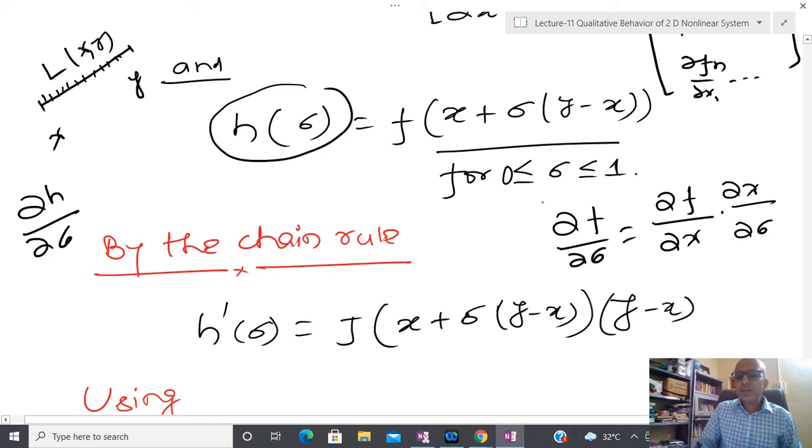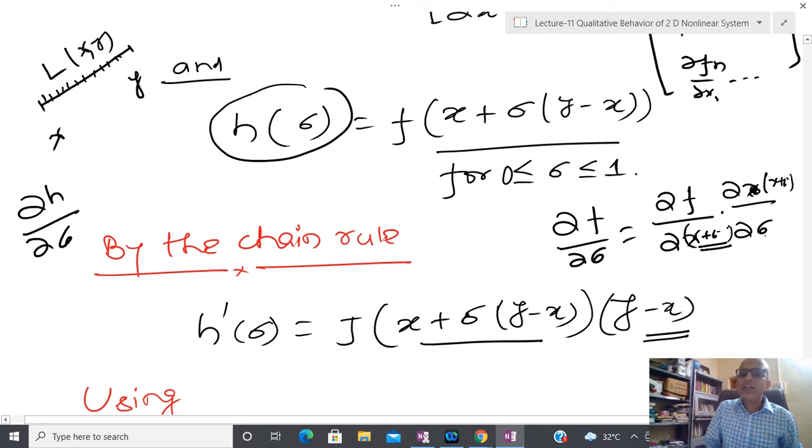So basically what I am saying is that I have to write the whole function from here to here, and then differentiate it with respect to σ. I take the derivative with respect to this, and then multiply with this, so from the chain rule I have the Jacobian function. ∂f/∂x is the Jacobian, but in place of x now I have this whole quantity x + σ(y − x), so the function changes.